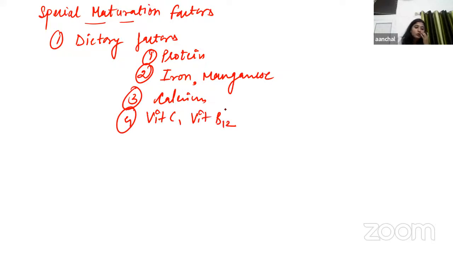Right? So protein helps in the globin formation, and globin is very, very important for the hemoglobin, right? Then iron, manganese, cobalt, nickel, they help in the heme formation. So they are helpful for the heme formation and protein for globin formation.